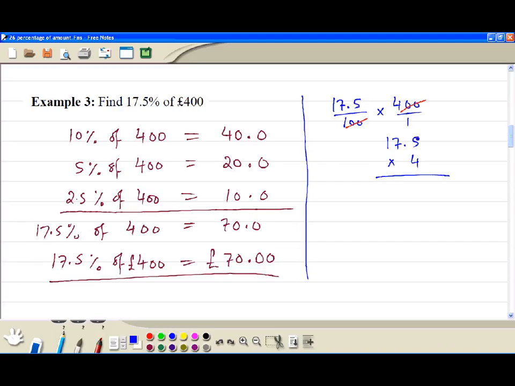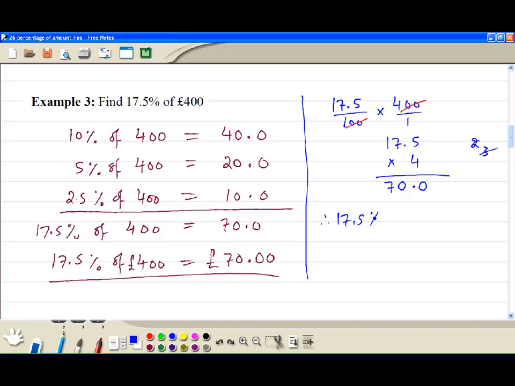So 4 times 5 is 20. So we add 0 and carry 2. Now we put the decimal there. Then 7 times 4 is 28 plus 2. That gives 30. So we carry 3. 4 times 1 is 4 plus 3. We get 7.